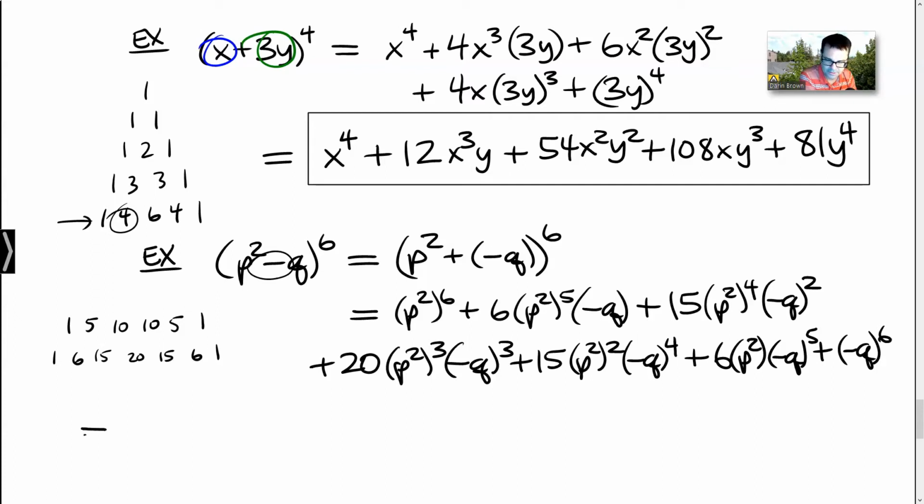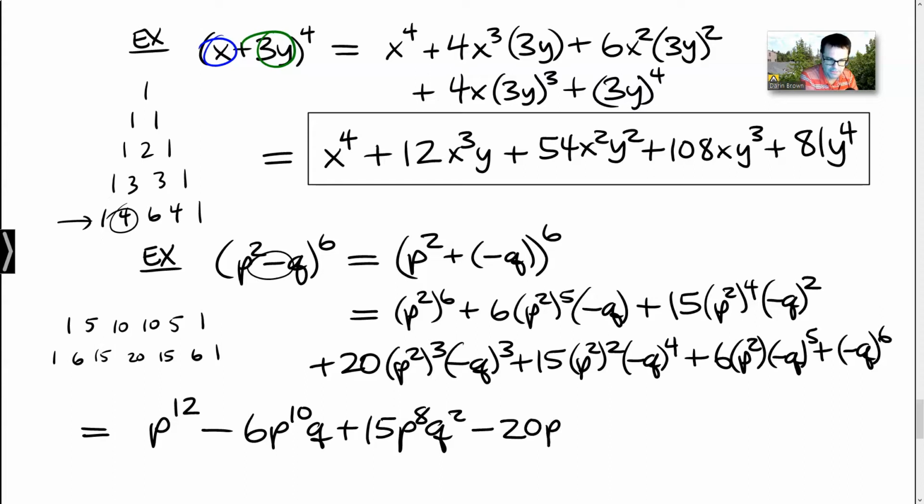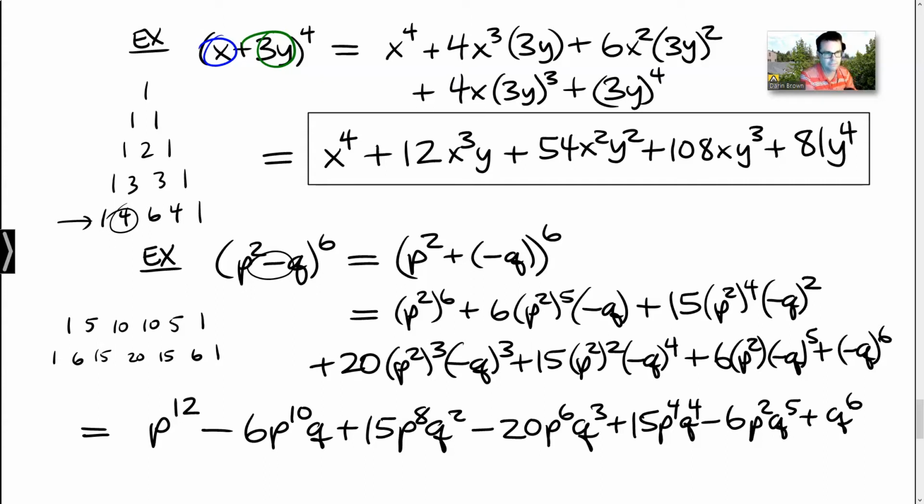And if we multiply that all out, we get p to the 12th minus 6 p to the 10th q plus 15 p to the 8th q squared minus 20 p to the 6th q cubed plus 15 p to the 4th q to the 4th minus 6 p squared q to the 5th plus q to the 6th.